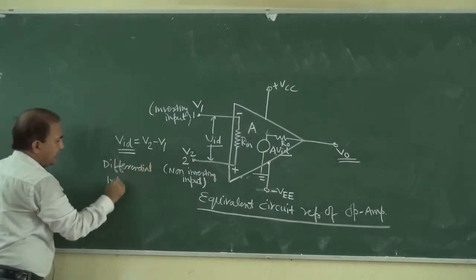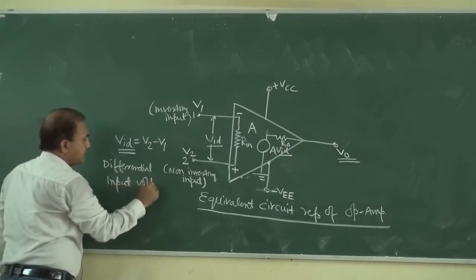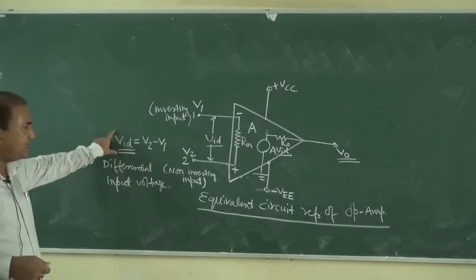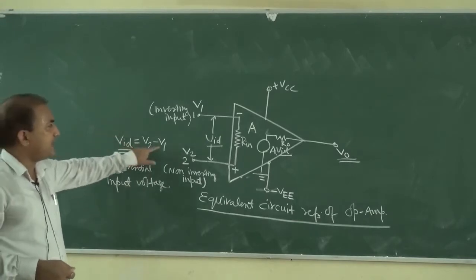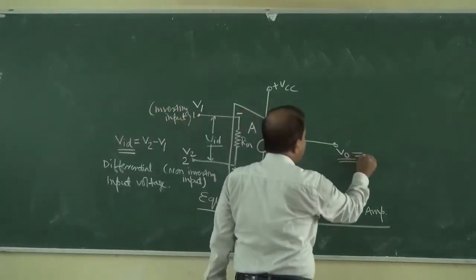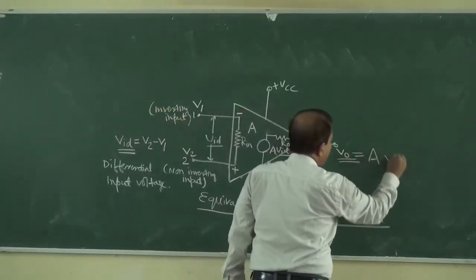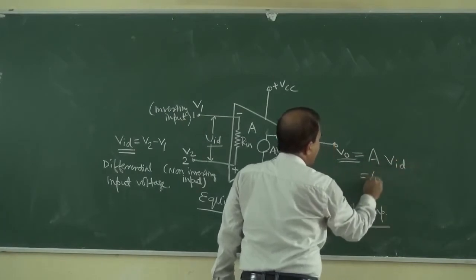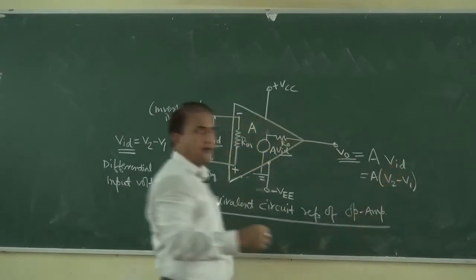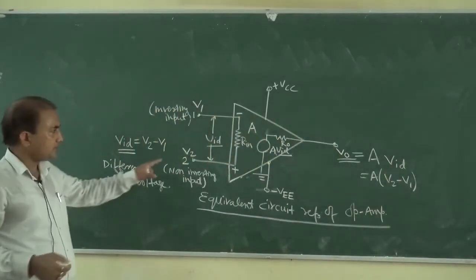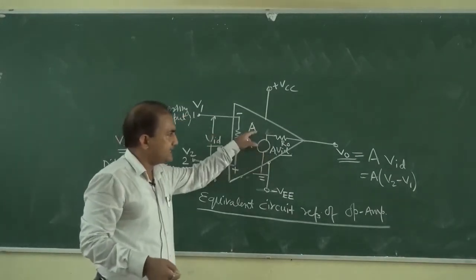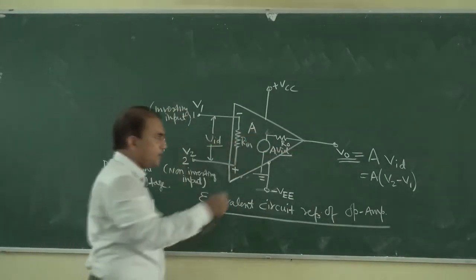So V out will be equal to A into VID, which is equal to A multiplied with V2 minus V1. That is the output voltage.